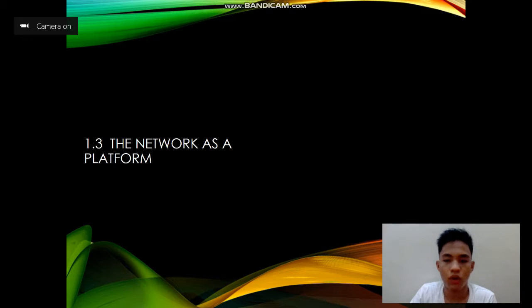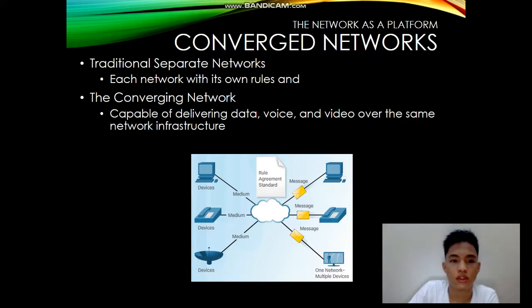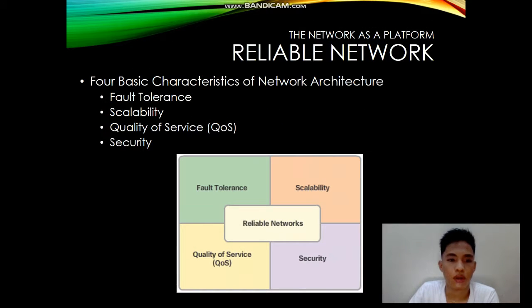For section 1.3, the network as a platform. Converged networks: traditionally there were separate networks, each with its own rules, and also the converged network, which is capable of delivering data, voice, and video over the same network infrastructure. Reliable network: four basic characteristics of network architecture. We have fault tolerance, scalability, quality of service, and security.